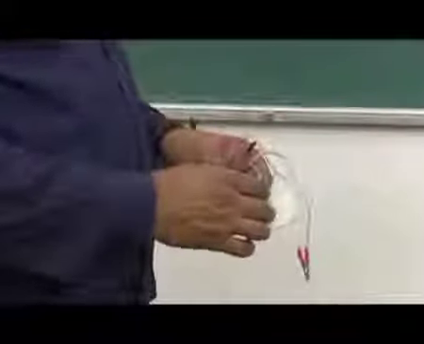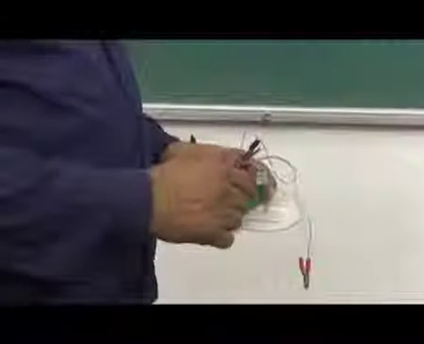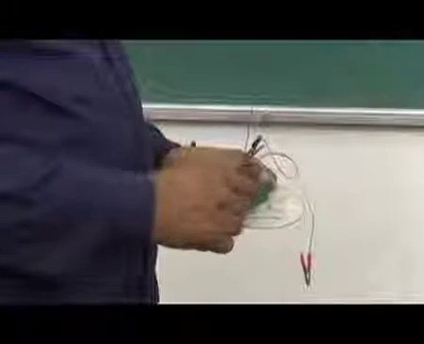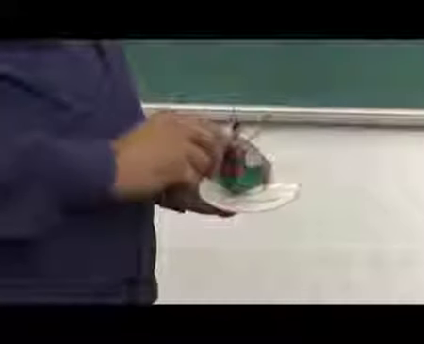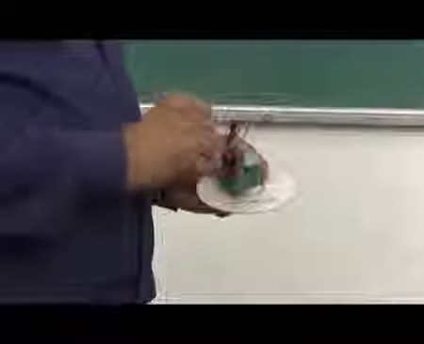Then with this motor we have taped a battery, a 9-volt cell, and one end of the motor is already connected to this battery, and the other end, if I touch it here, this motor will start rotating and the disc will also start rotating.